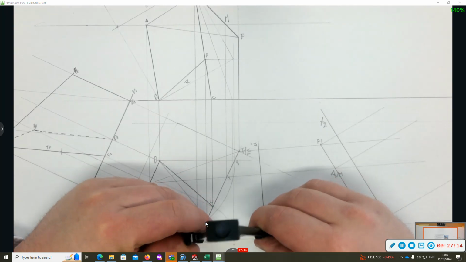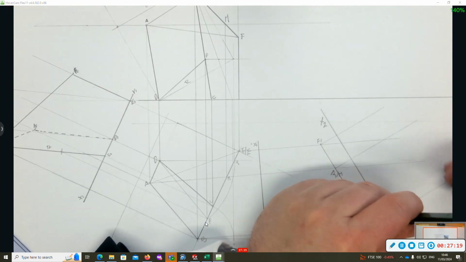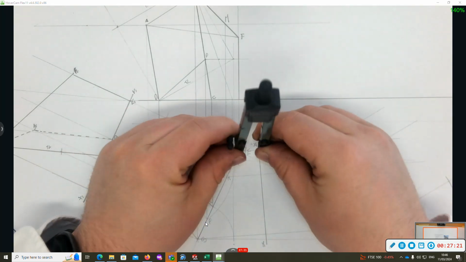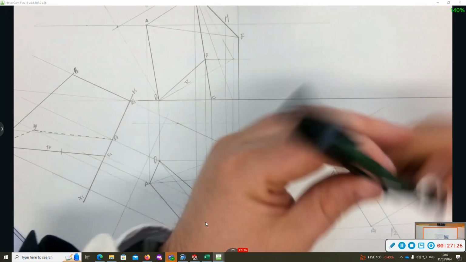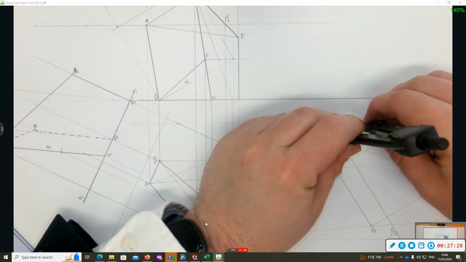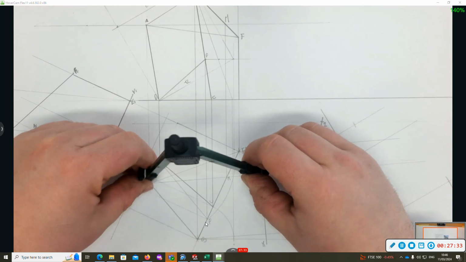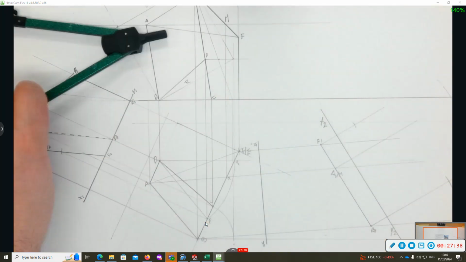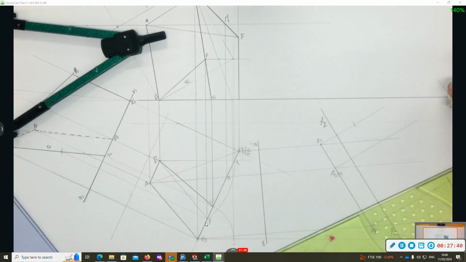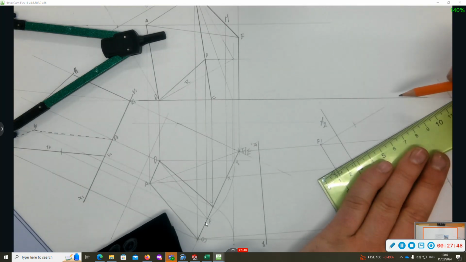So X1 back to B, I'm going to put it here. X1, Y1 line back to F, put it here. X1, Y1 line back to A, put it here. Just continue this projection line.